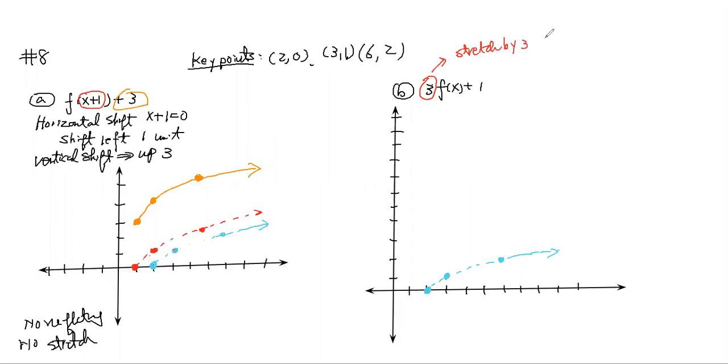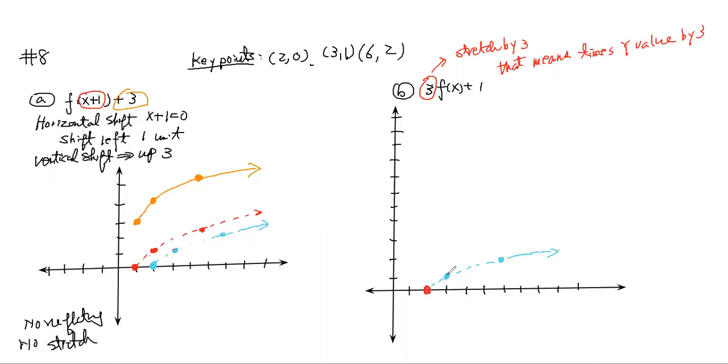That means multiply the y value by 3. So, okay, the first one here is (2, 0). So 0 times 3 is still 0, right? So this point remains the same.